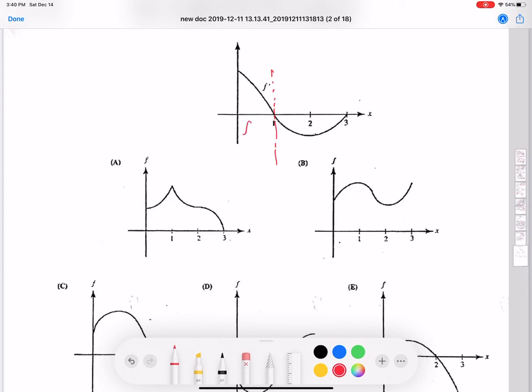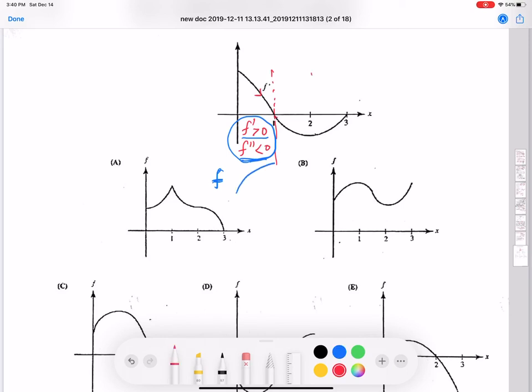That means the first derivative function is positive. And then that first derivative function graph is decreasing, which means second derivative is negative. If first derivative is positive and second derivative is negative, the original function graph is increasing, concave down, right? So this kind of shape.